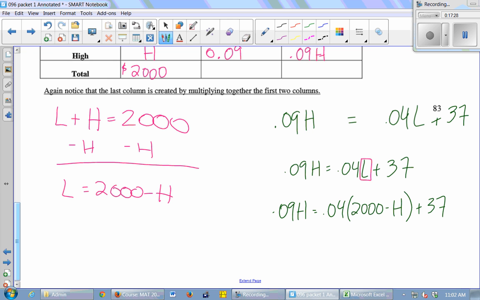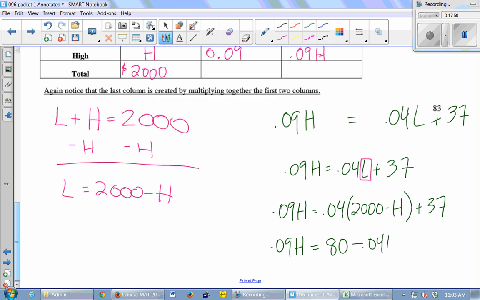Multiply 0.04 times 2000 and 0.04 times H. Yeah, so I'm going to distribute that 0.04. 10% of 2000 is 200. 1% is 20, so 4% would be 80.